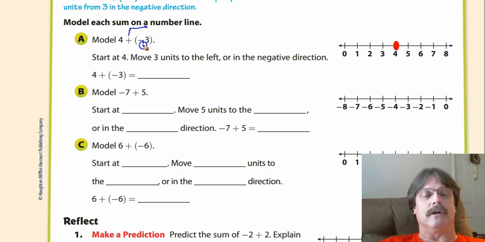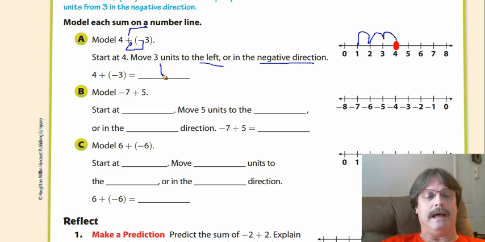But the negative sign means U-turn, so we're going to go back the opposite way. We're going to go back 3 units. So 1, 2, 3. That means if we start at 4, we move 3 units to the left, or in the negative direction. So we're going to end up at 1.